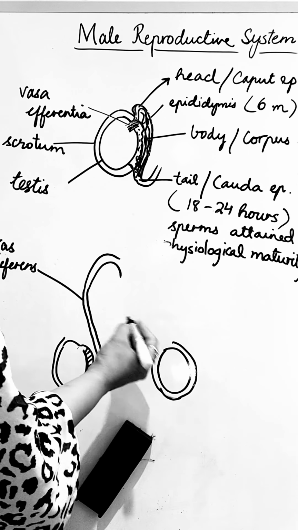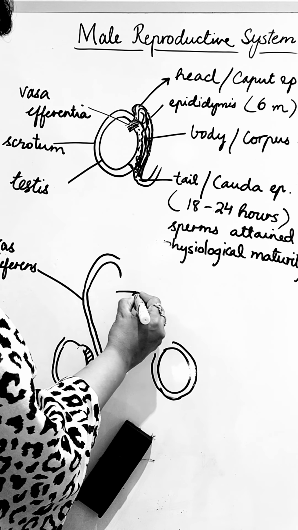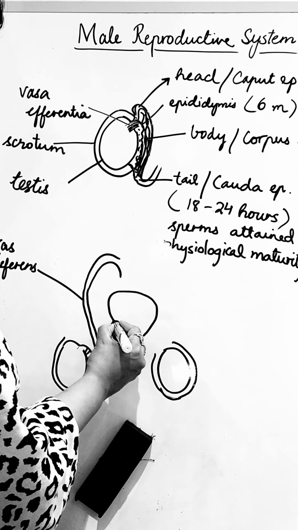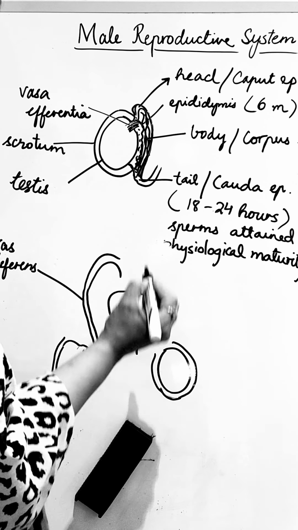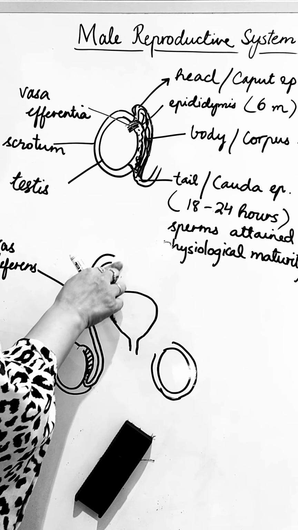So this is the abdominal cavity, the pelvic region. Here there is a urinary bladder.